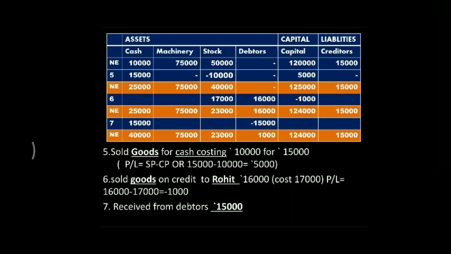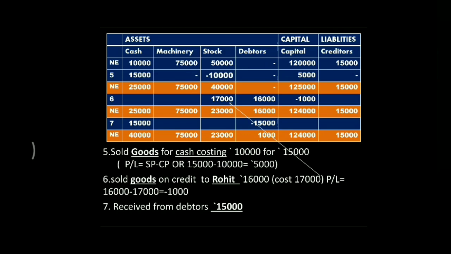Now next we will take the example of a credit sale. Sold goods on credit to Rohit for 16,000. So the value of the sale is 16,000, cost is 17,000. The stock costing rupees 17,000 is sold for rupees 16,000, so stock will decline by 17,000.